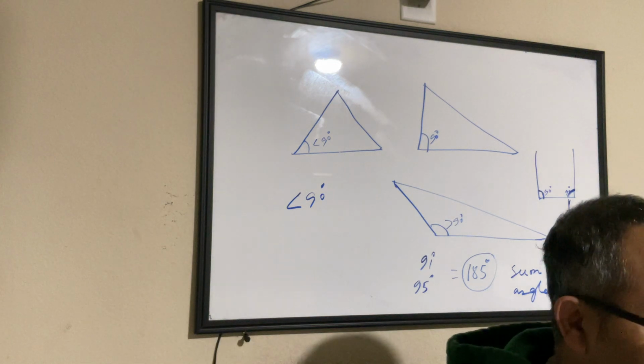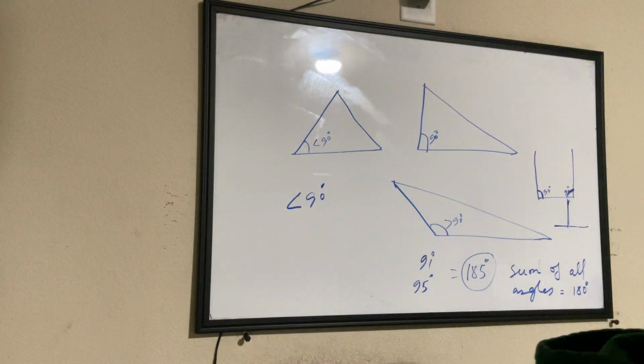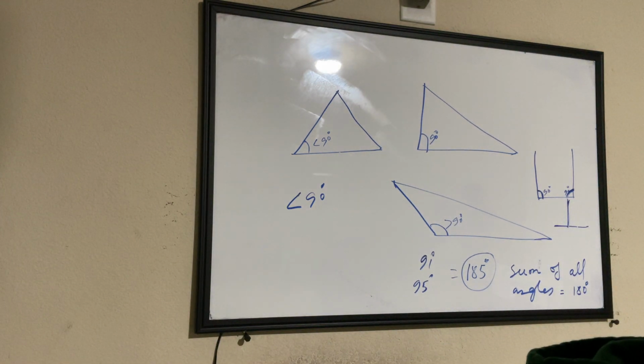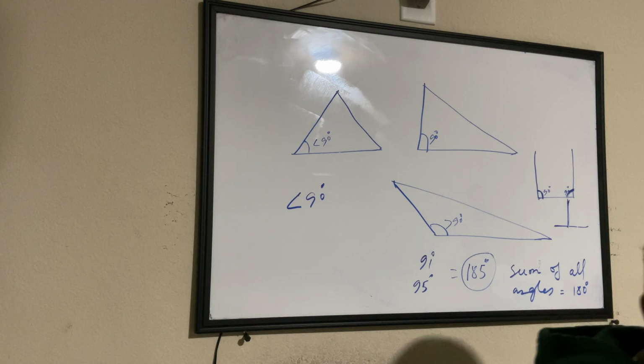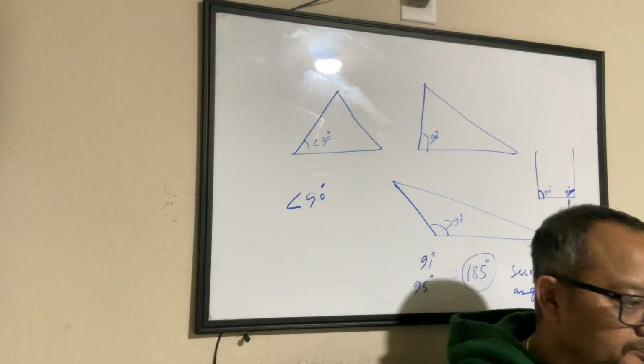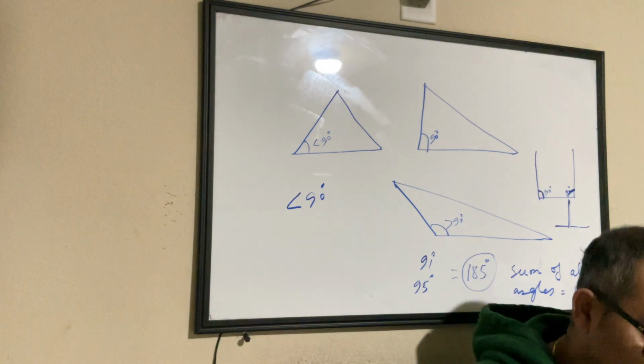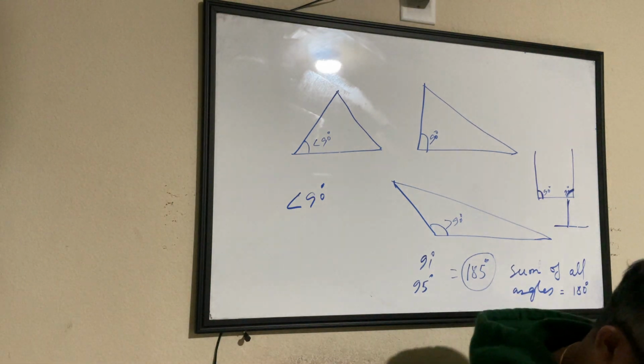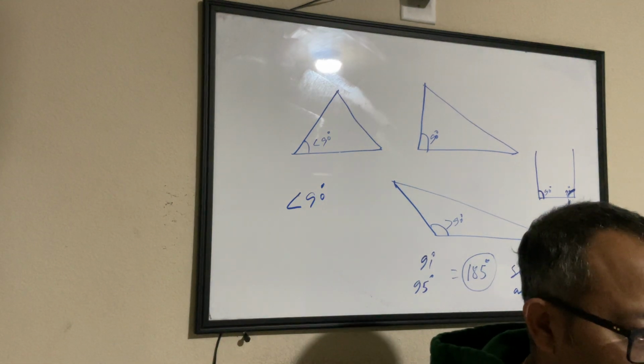So you have three types of triangles. I'm going to group them: equilateral triangle or acute angle triangle, isosceles triangle or right angle triangle, scalene triangle or obtuse angle triangle. An obtuse angle is more than 90 degrees and a scalene triangle has all three sides that aren't the same, so you can make an obtuse angle.